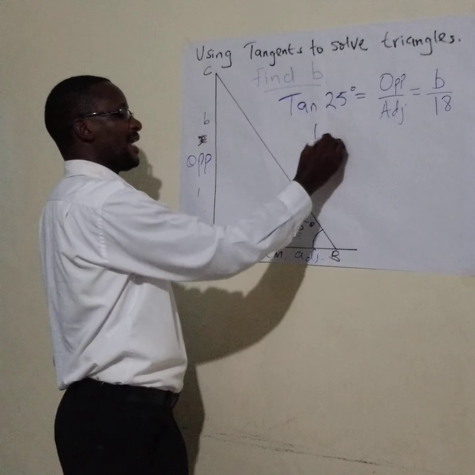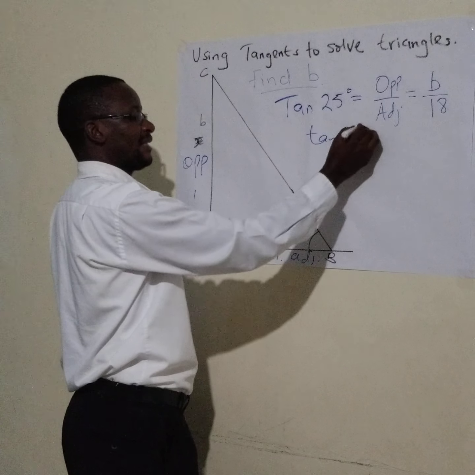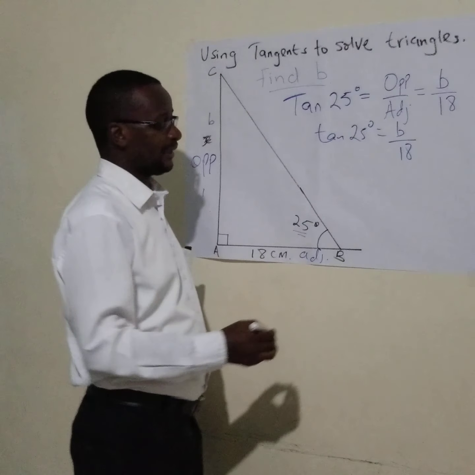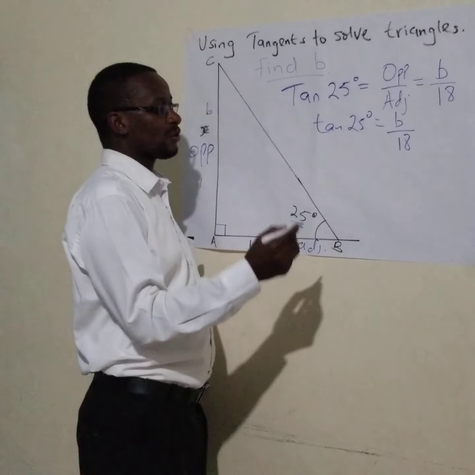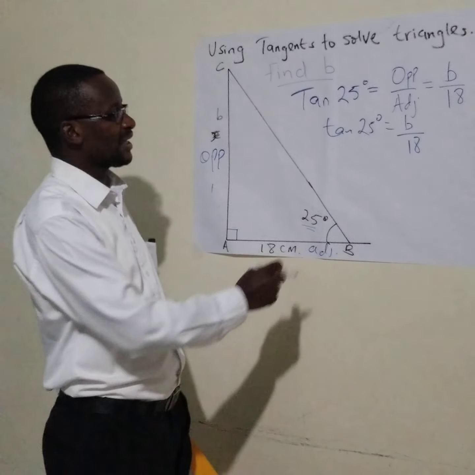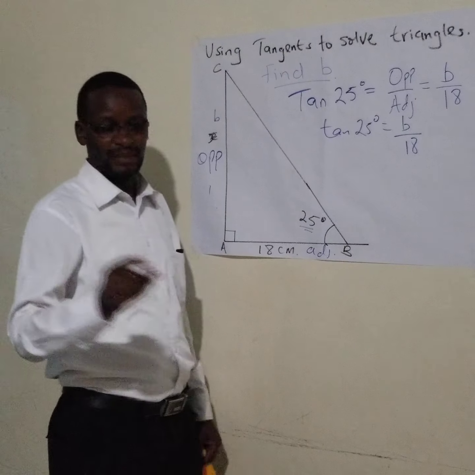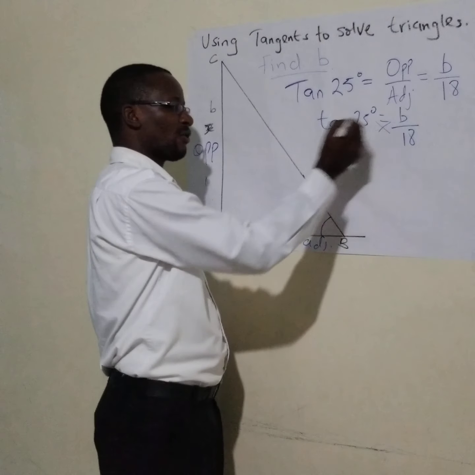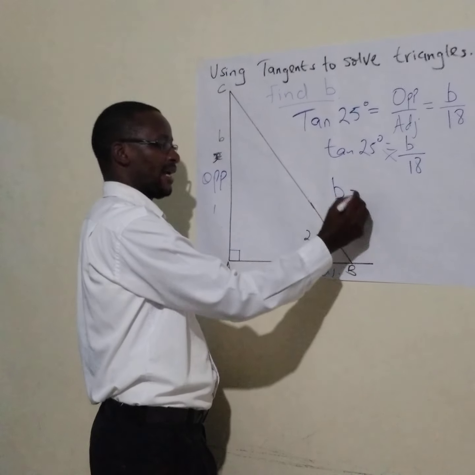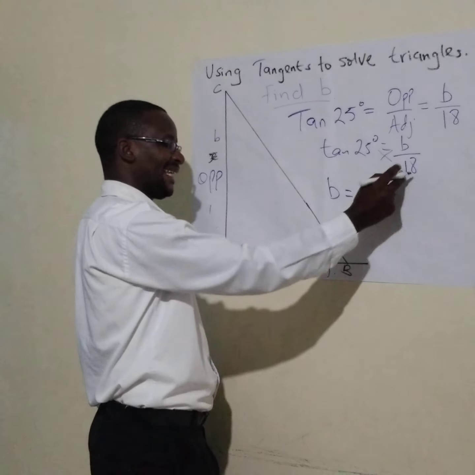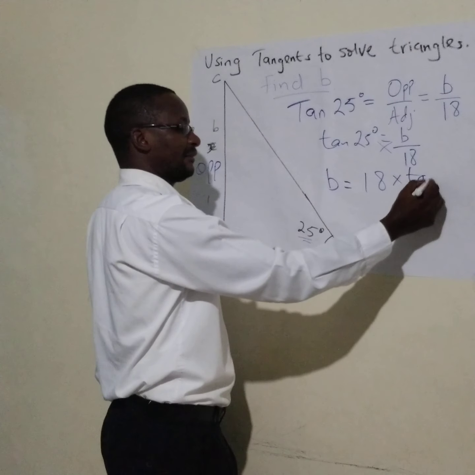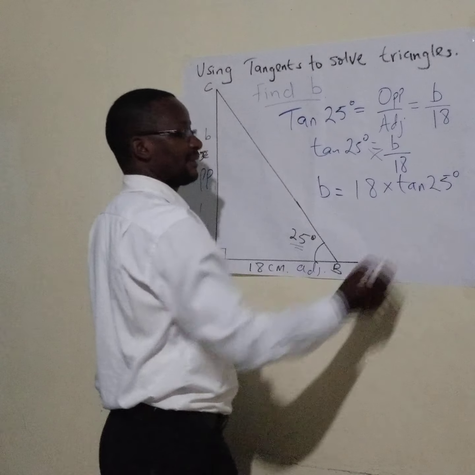So we are saying tan 25 degrees is equal to B over 18. So what we do, you go to the tables. But wait a minute, let's first cross multiply. B is equal to 18 multiplied by tan 25 degrees.